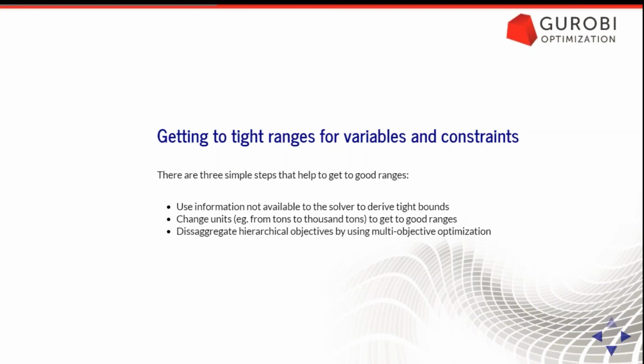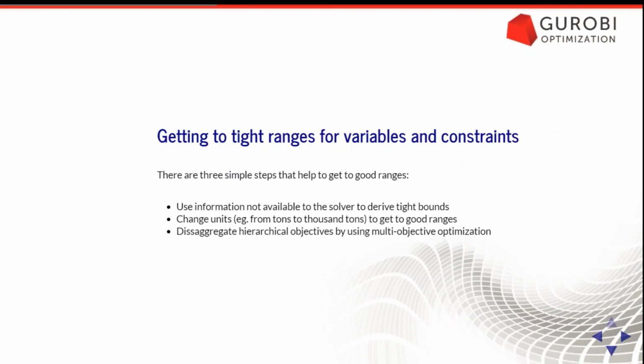And finally, there is a common use case where you can get very big and small coefficients in the objective function. That's what people do when they are trying to do hierarchical multi-objective optimization. They blend all these different objectives with huge coefficients for the most important objectives and smaller coefficients for the less important objectives.